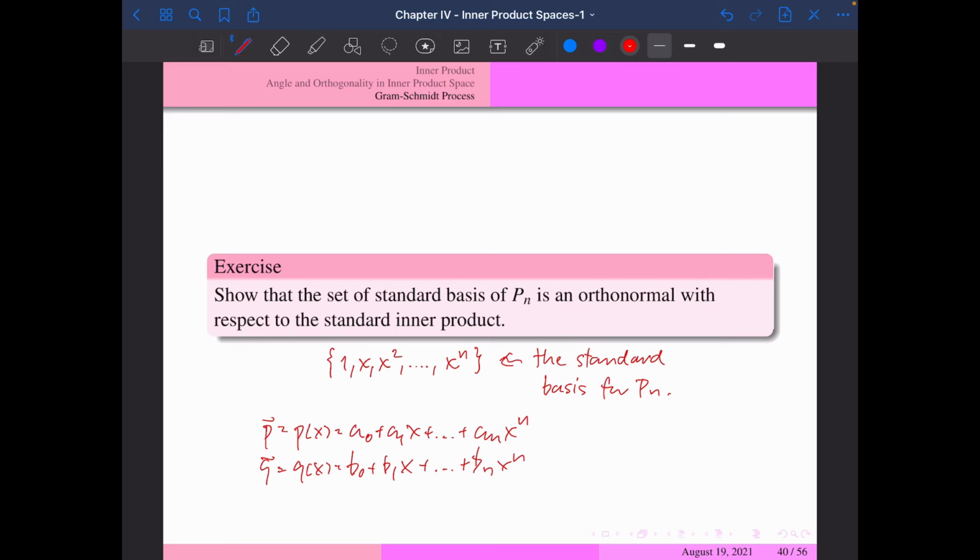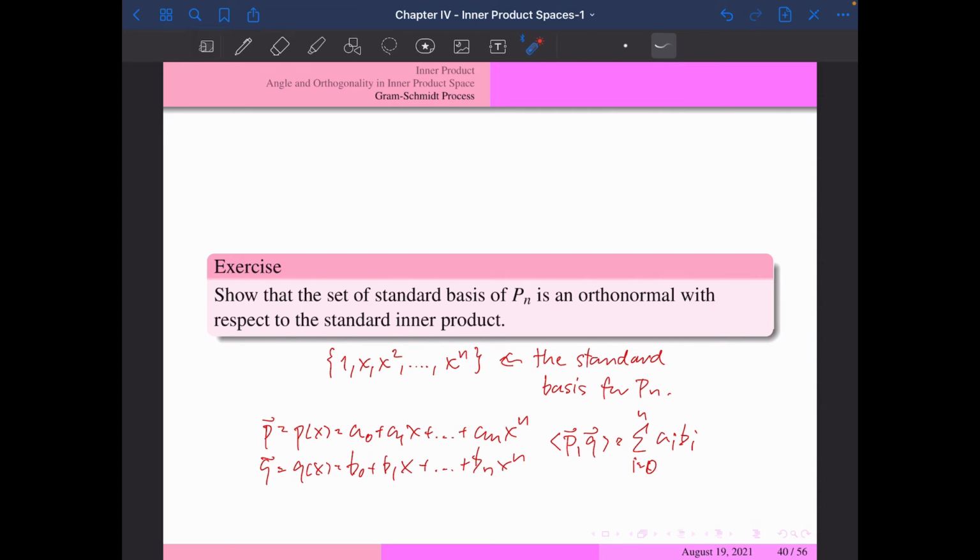We define the inner product of p and q as the sum of the products of the coefficients, from i equal to 0 to n.